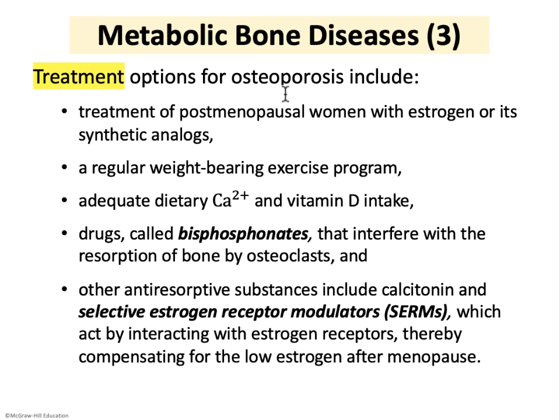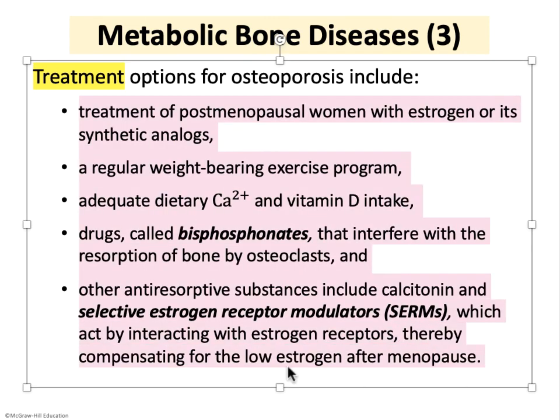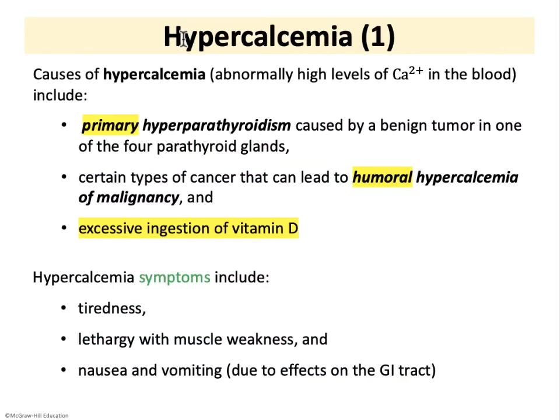The treatment for osteoporosis includes a combination of these. So the last one is estrogen receptor modulators, which can influence the interaction of this hormone called estrogen in controlling the density of bone. So study this slide, please.